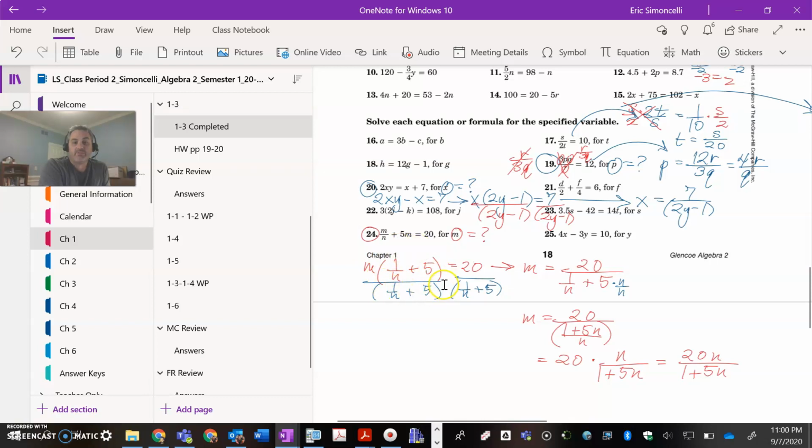However, if you divide that whole thing by that quantity, again 20 divided by that, I have this kind of messy looking fraction still, so I got a common denominator of n, multiply the second part there, 5 by n over n, to get that common denominator. Simplify to the next step, multiplied by the reciprocal, and the final answer, this is the best answer, is as such. Please take a look at all the other problems there that I haven't yet done and check your answers.